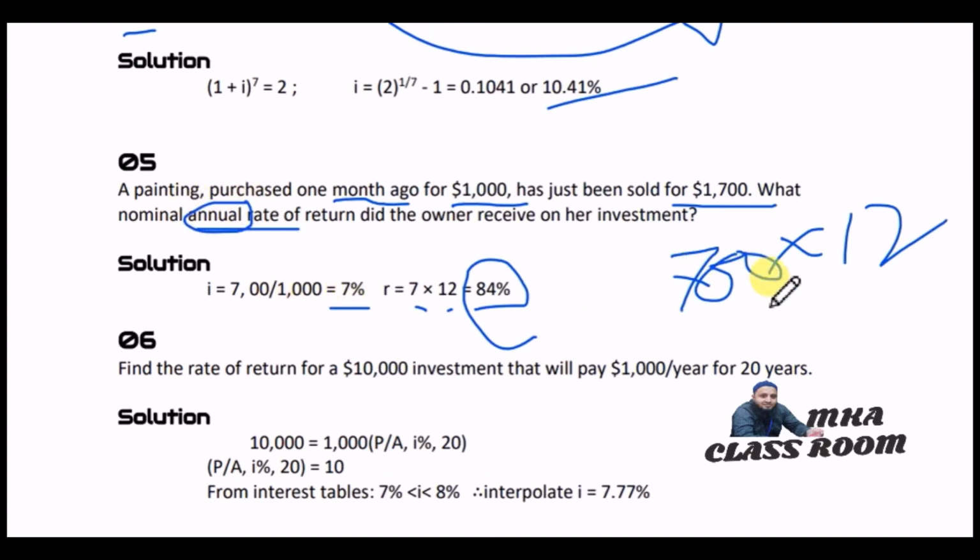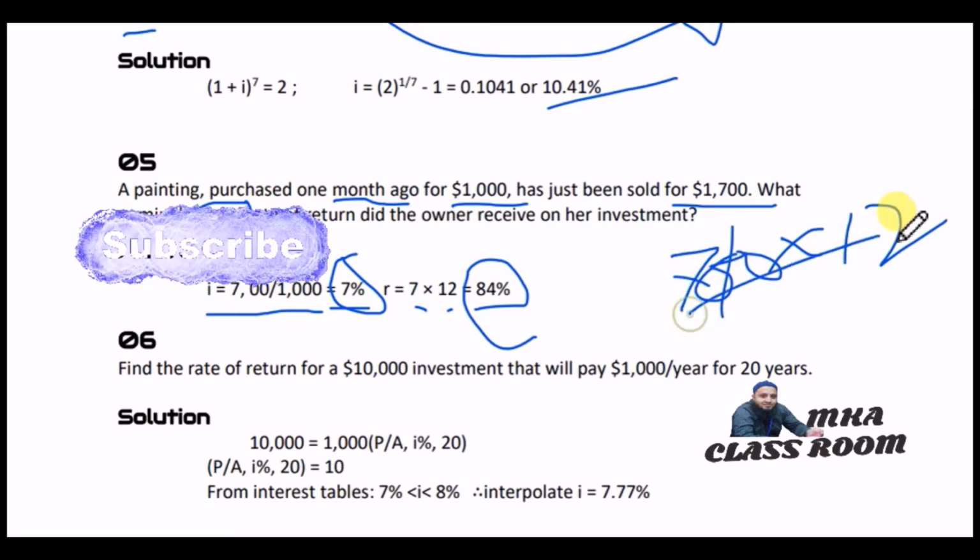You can do this in this way, otherwise this is the easiest way: 700 divided by 1000, that is 70%, into 12, that should be 840%.